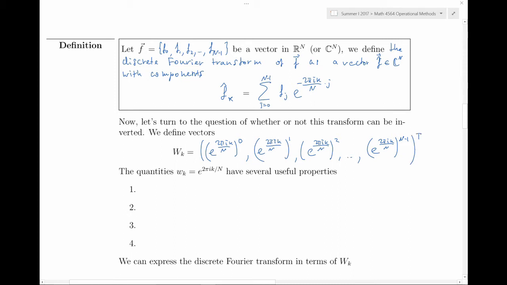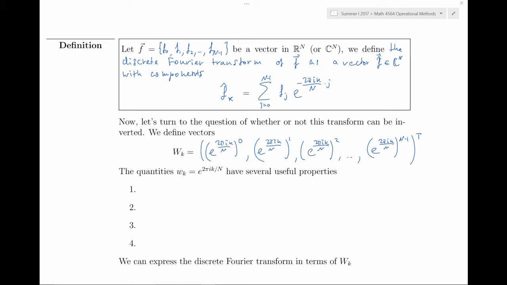I'm going to put a transpose sign because the vectors in our discussion will be column vectors. You may be wondering, where did the minus sign go? Well, the minus sign appears when we start talking about the complex conjugation, because remember, the dot product will always involve the second component being complex conjugate, and this is where the minus sign comes from in our formulas.